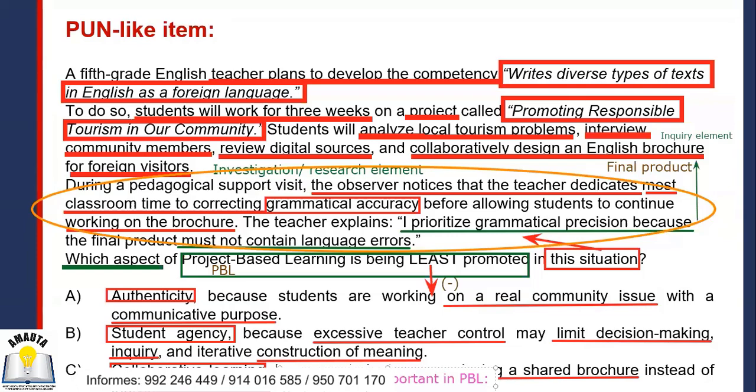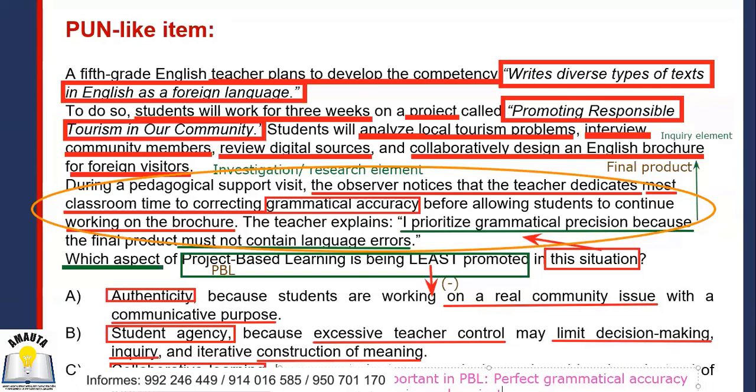Perfect grammatical accuracy or meaningful inquiry and project development, because they should develop the project to reach the final product.